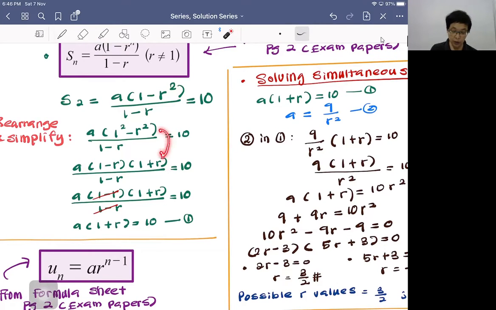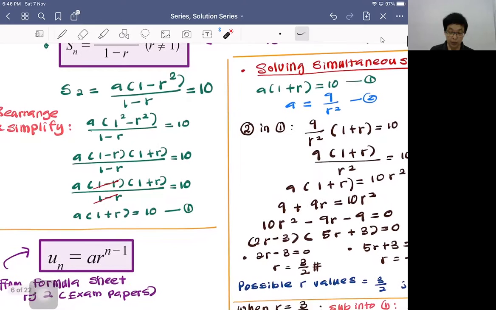As we break this down, we can comfortably cancel out the 1 minus r, and we simplify into a times the bracket 1 plus r equals 10.